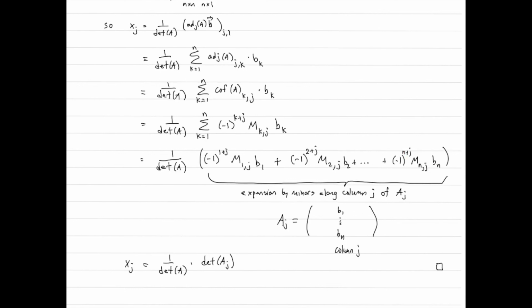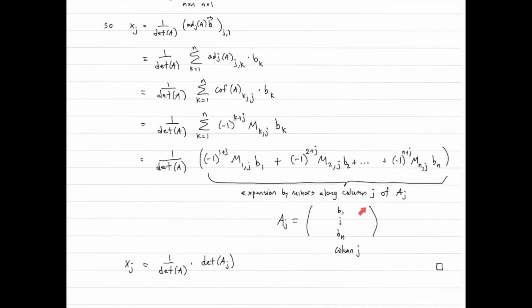Okay, and so then if you think about what this expression is, this is exactly the expansion by minors along column j of A sub j. Remember, A sub j is the matrix that's formed by taking A and replacing column j by the column vector b. And if I expand by minors along this column, the determinant of A sub j is what I'll get, because I get b1 times the minor associated to the row 1 column j position.